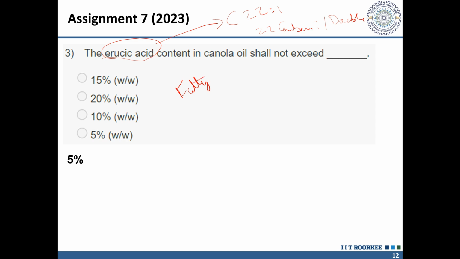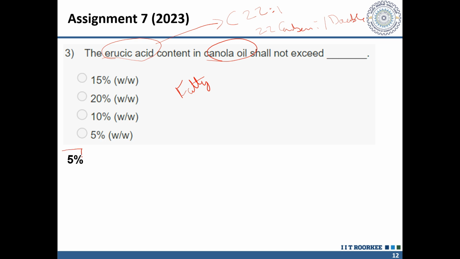So it is a type of unsaturated fatty acid, and it is present in canola oil in a very high percentage. But due to some health issues caused by aromatic acid, only some amount is permitted in canola oil. So some type of purification is done so that aromatic acid is made below the permissible level.